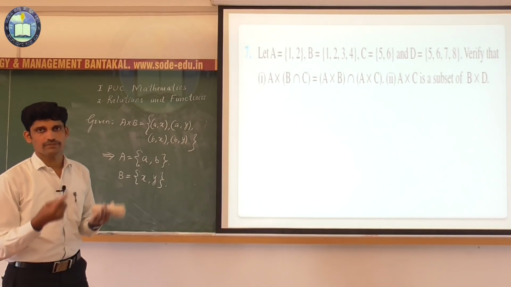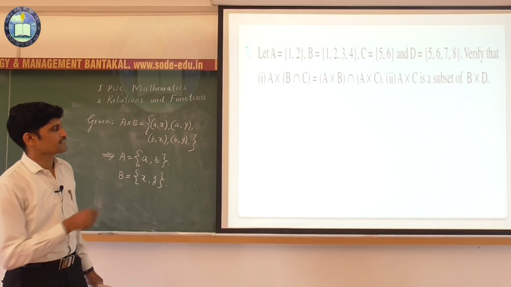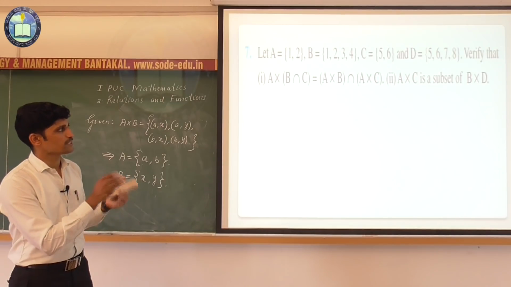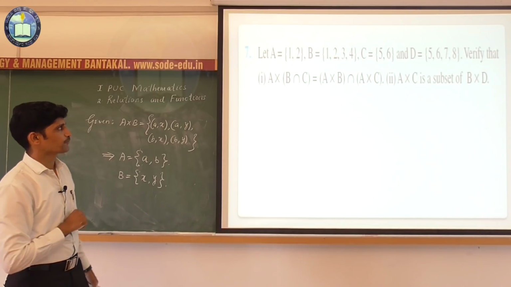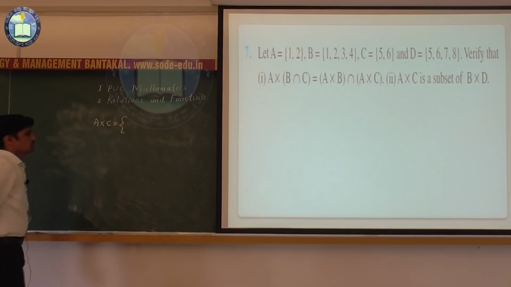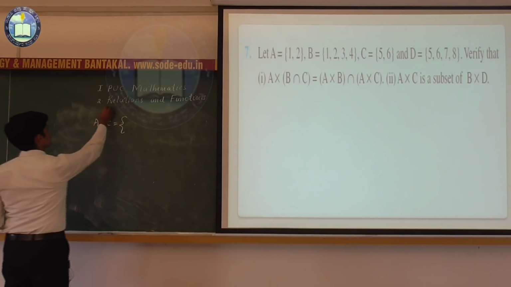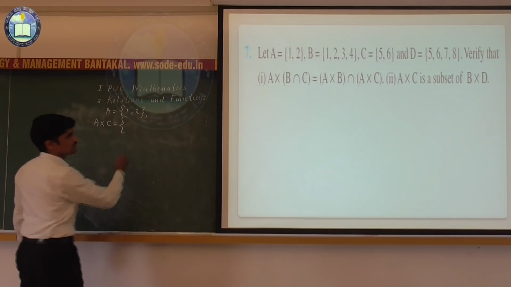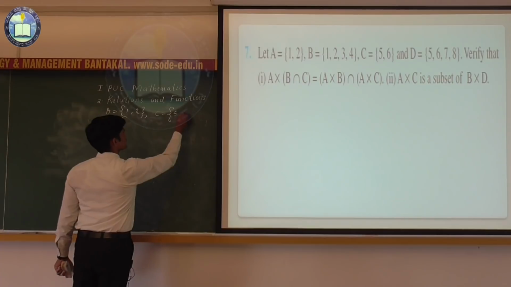One set is a subset of another set if all the elements in the first set are also the elements of the second set. If you find A cross C, then all the elements of A cross C must be present in set B cross set D. Here we can find A cross C, the Cartesian product of set A and set C. Set A is equal to {1, 2} and set C is equal to {5, 6}.